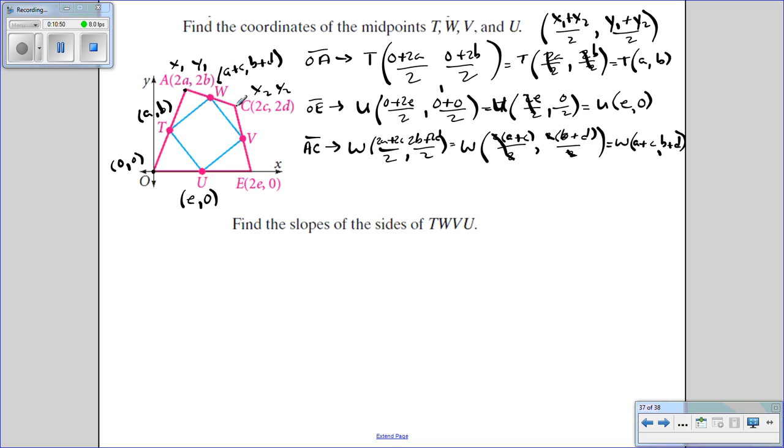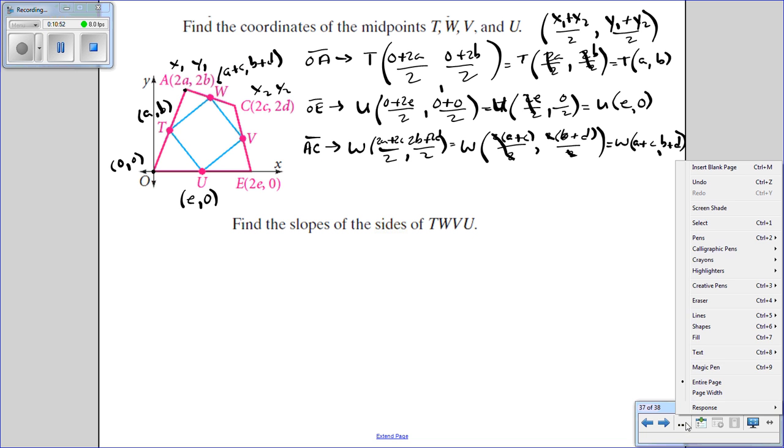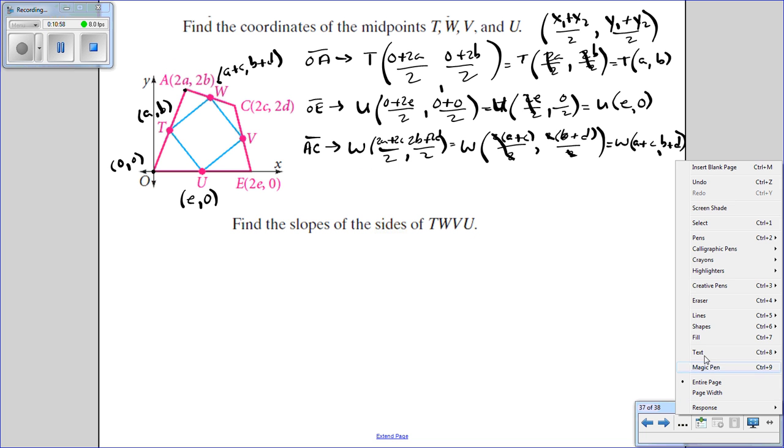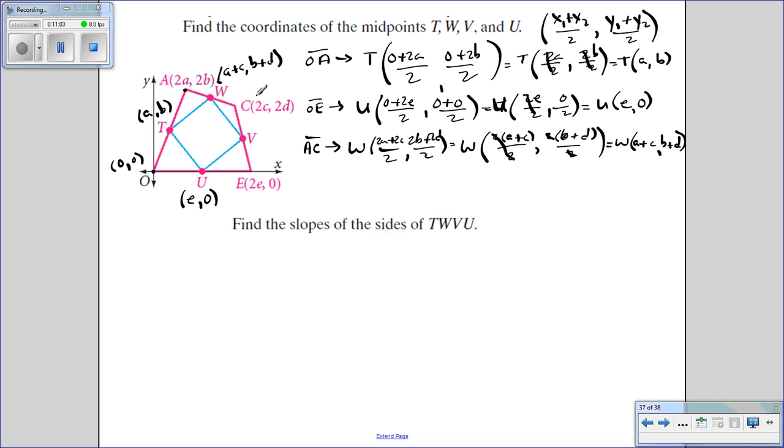Finally, we're going to find the midpoint of CE. So I'm going to pick a new x1, y1, and x2, y2. So I'm going to label C as my x1, y1, and I'm going to pick E as my x2, y2.